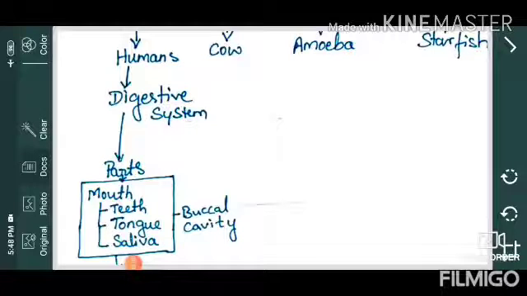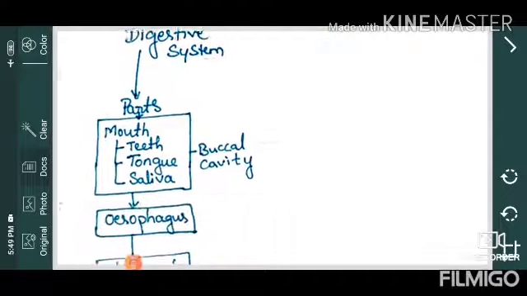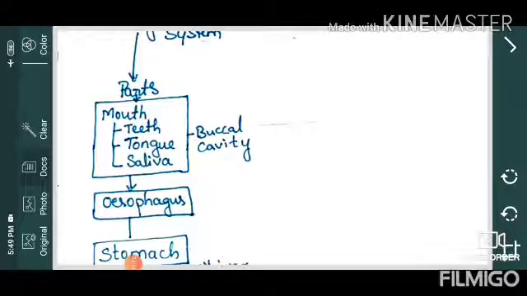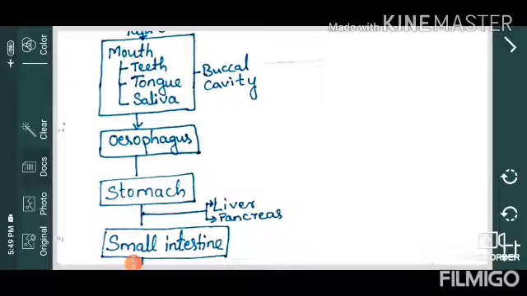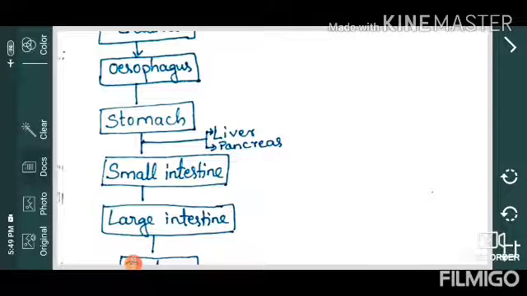Now let us see what the parts in the human digestive system are. The human digestive system starts with the buccal cavity, as I told just now. The parts inside the buccal cavity are teeth, tongue, and saliva secreted from the salivary glands. Then the food moves to the esophagus, then to the stomach. After the stomach, the liver and pancreas, which secrete digestive juices, combine together in the small intestine.